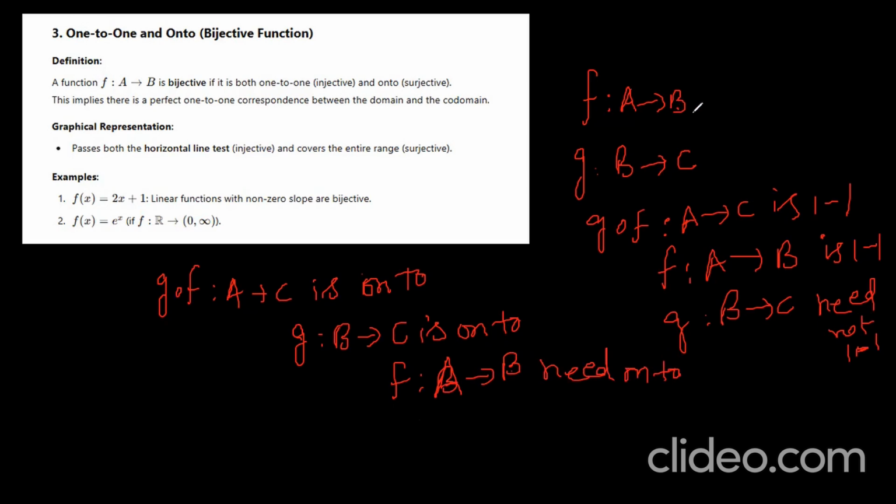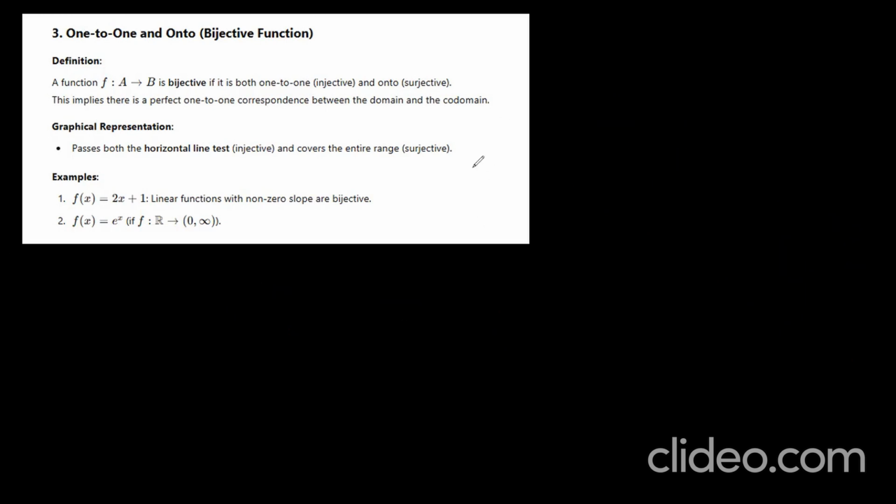Whenever the composition of two functions is 1 to 1, then F maps A into B is 1 to 1, but G maps B into C need not be 1 to 1. And here the reverse: if G circle F is onto, then G maps B into C is onto, but F maps A into B need not be onto. Let us take one example and observe.